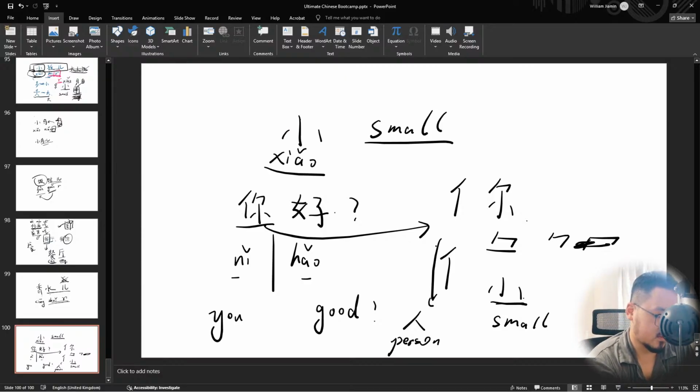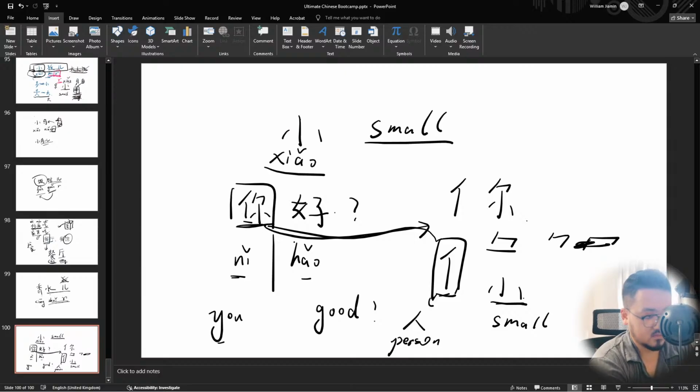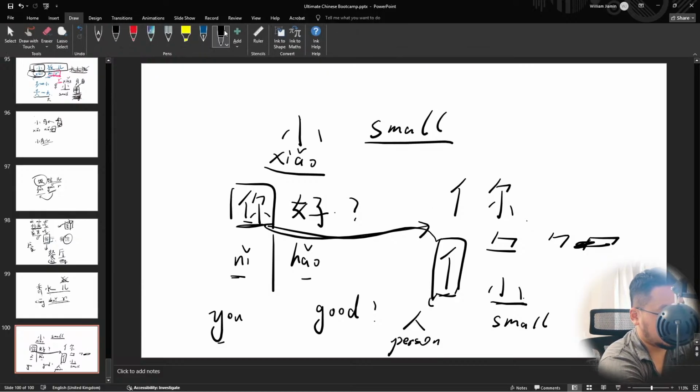But for 偏旁部首, you can look at this. So maybe it's connected to 人. So you can sort of infer, well, if I don't know about 你, you, which is a pretty basic character, but I know 人, I can sort of infer the meaning by just looking at this.